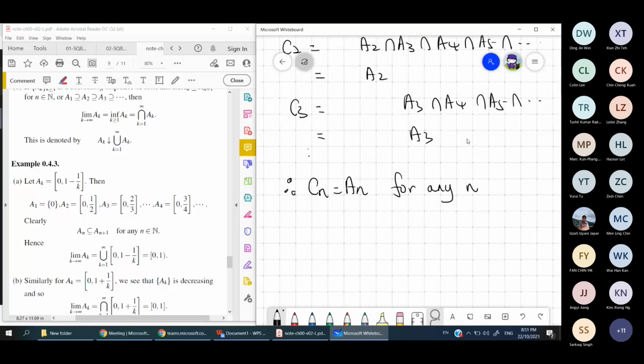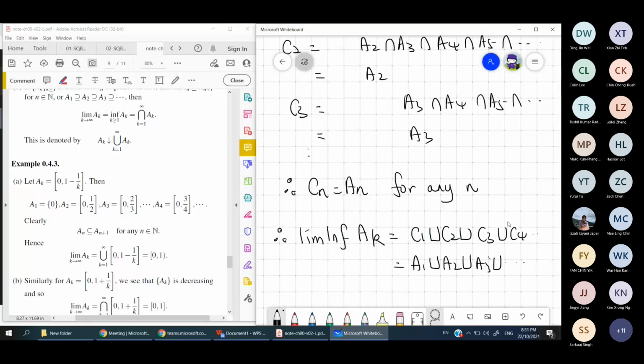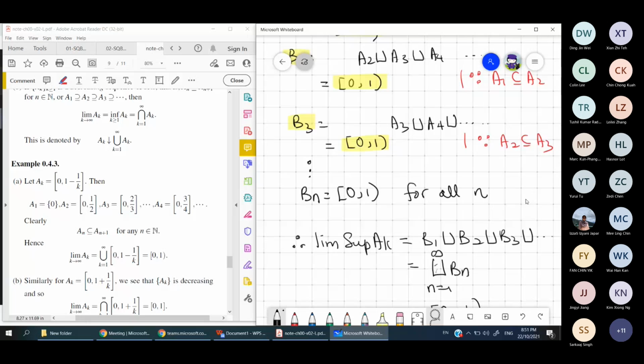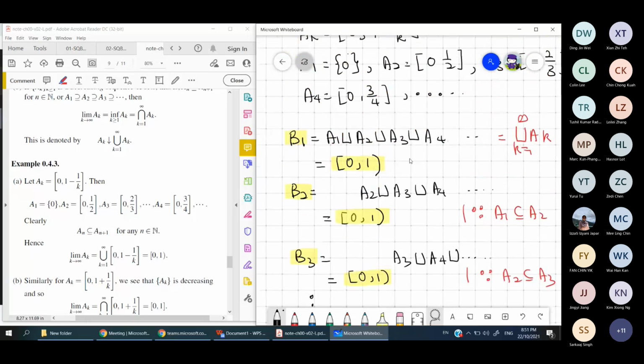So then the limit infimum of AK will be the union of all these C. So that will be A1 or A2 or A3 and so on. We have actually seen this already here. If you take the union of all the A, that will be the half-open interval [0, 1).